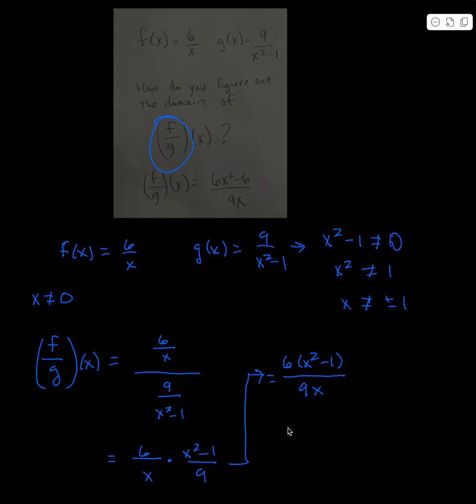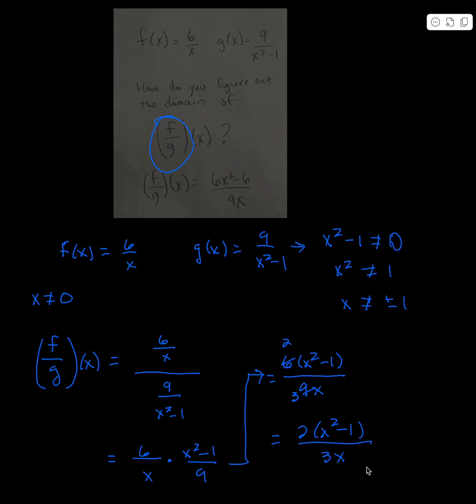Forgot the equal sign. We could leave it like that. I think you distributed the 6, doesn't matter. I'm going to simplify. 6 over 9 can be 2 over 3. That's what we would normally do. So we end up with 2 times x squared minus 1 over 3x.